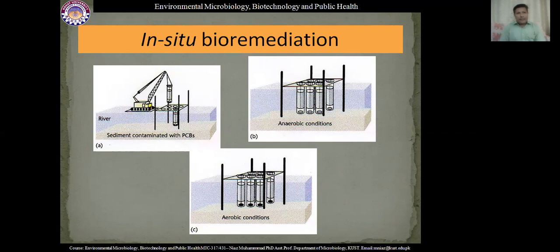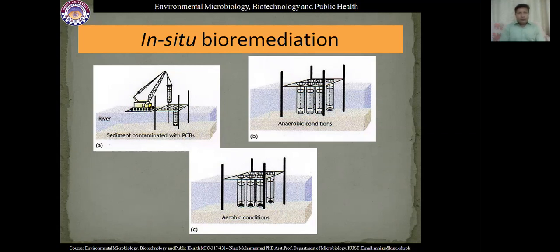Mostly the condition is partially anaerobic, because the water layer and mud on top of the pollutant do not allow air to enter and create an aerobic environment there. So mostly we have to introduce partially anaerobic or partially aerobic, facultative microorganisms to that place to treat the pollutant.